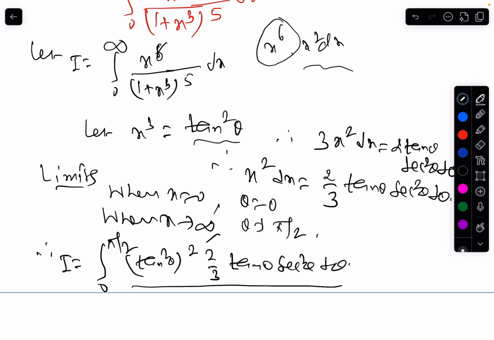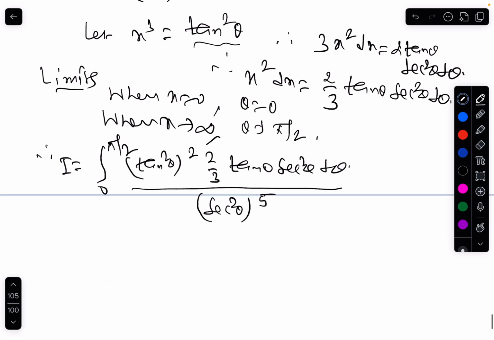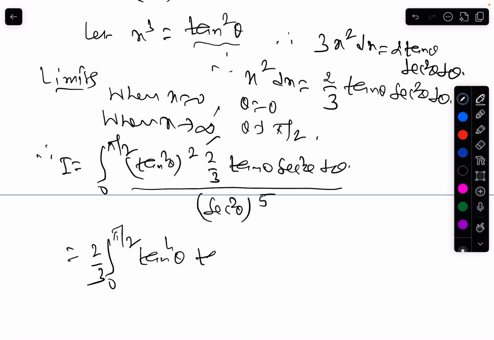So that is nothing but sec square theta power 5. So this is equal to 0 to pi by 2. This is 2 by 3, tan power 4 theta, sec square theta, sec power 10 theta. So we have sec power 8 theta d theta.